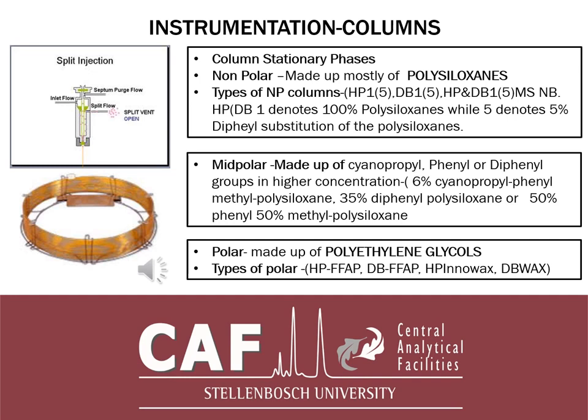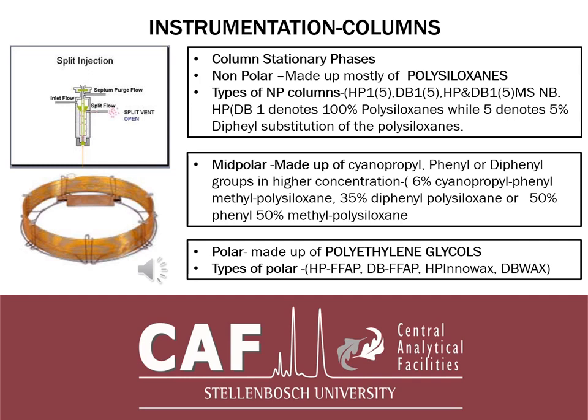Under the column, just briefly, as I mentioned earlier, the non-polar columns are made of polysiloxanes. When one sees, for instance, HP1 or HP5, it tells you about the polarity of that column, the number of polysiloxanes in it.